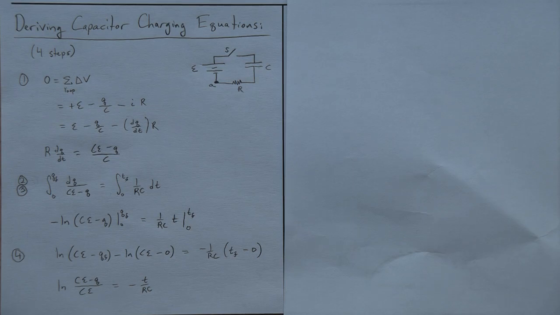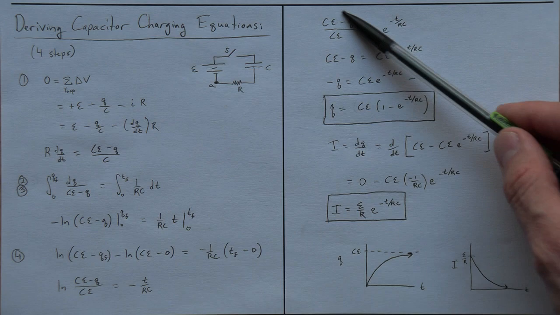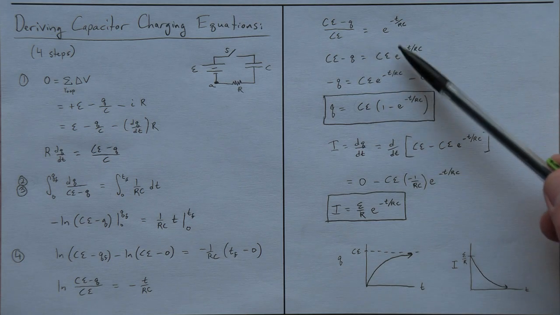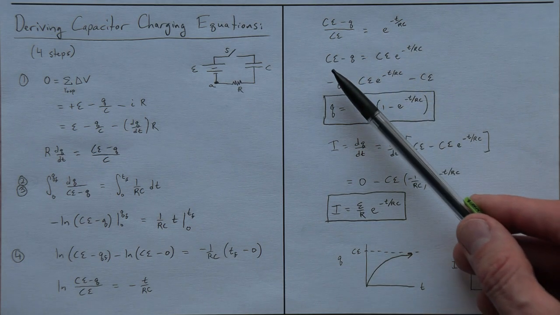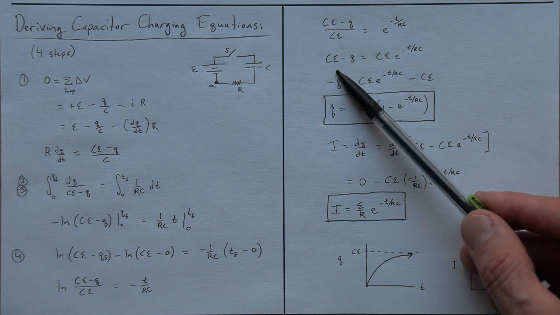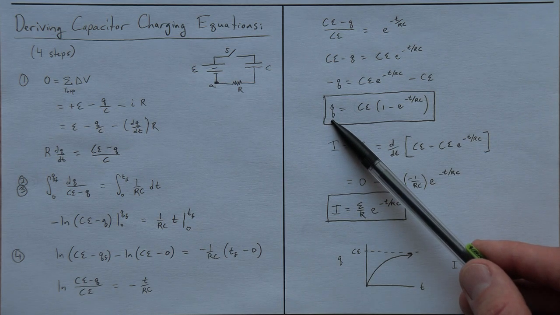Now, what we have to do is solve for q, so we've got to get rid of the natural log. We could put both sides of the equation into the exponential function. That'll eliminate the log, and leaves me what's inside the log, and then e to the minus t over RC. Again, I'm just solving for q. I move the C times EMF to this side, then subtract this over to this side, and then multiply both sides by minus 1.